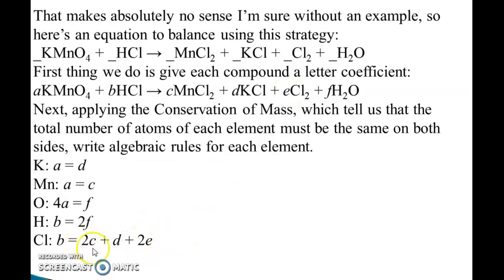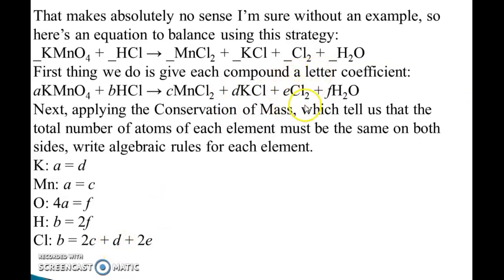Why are we putting 2C, D and 2E? Here 2 represents the total number of atoms present. See, on the product side 3 times Cl is present. Along with C, 2 atoms of Cl are present, which is written here. Along with D, a single atom of Cl is present, that's why we put D here.